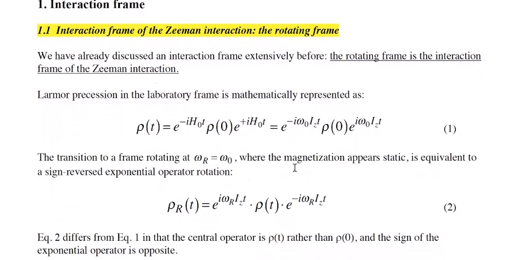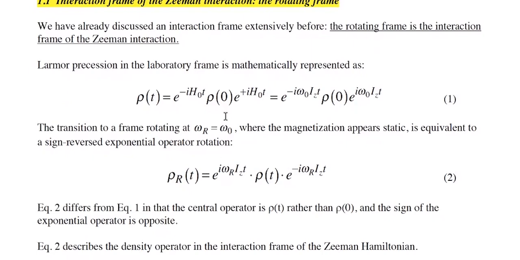Now in that frame, the magnetization would appear static because the frame is rotating. This is rho of t, its time evolution. And the transformation to the rotating frame is written down separately. It's a little bit different from what you see in equation 1.